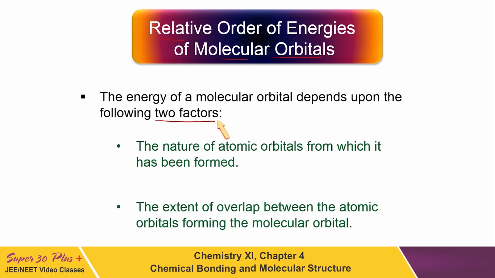Number one, the nature of the atomic orbital, AO, from which the molecular orbital has been formed, and also the extent of overlap, meaning the amount of mixing or overlapping between the AO.